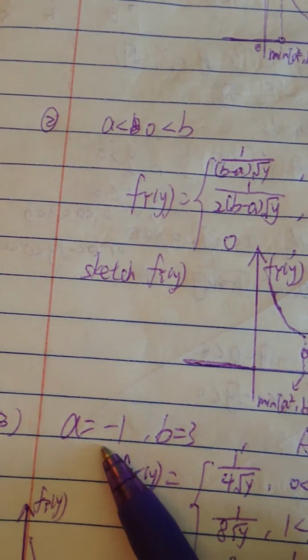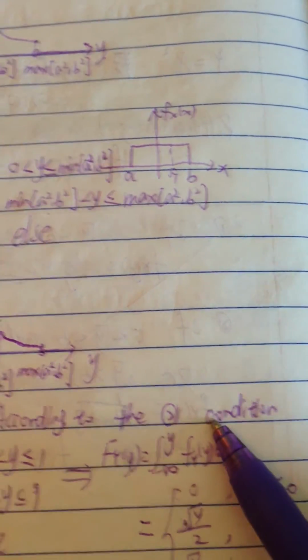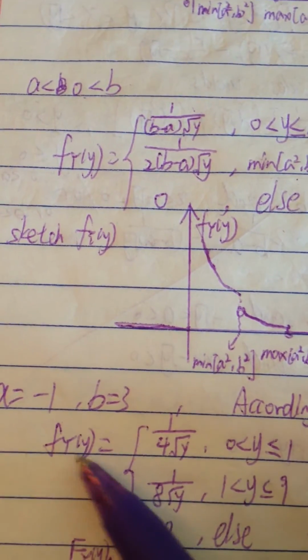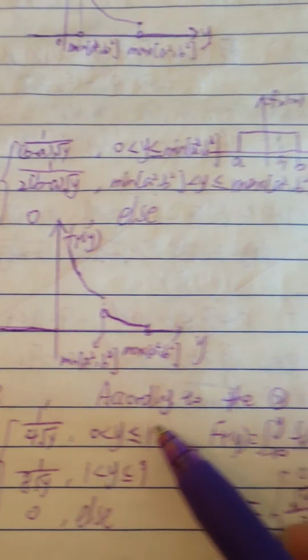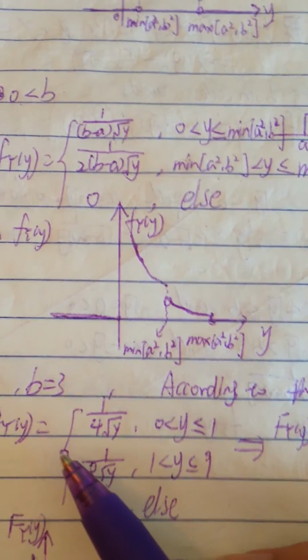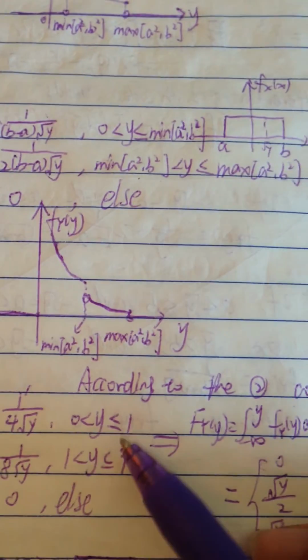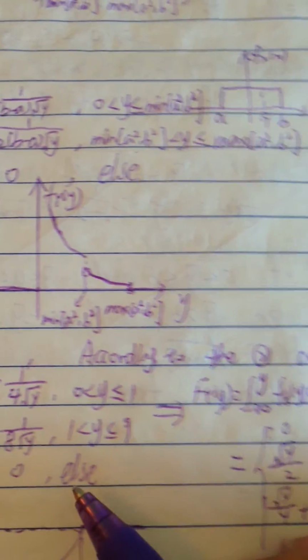So let's figure out the second question. We have known that a equals -1 and b equals 3. According to the situation we have discussed, fy of y equals 1 over 4 square root y when y is greater than 0 and not greater than 1, and it equals 1 over 8 square root y when y is greater than 1 and no greater than 9, and it equals 0 otherwise.